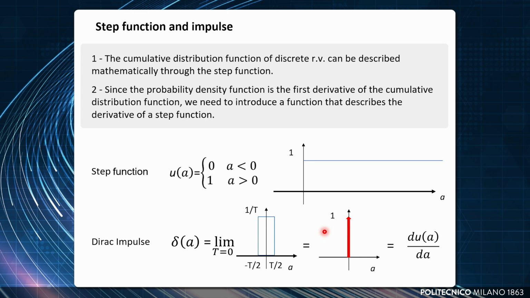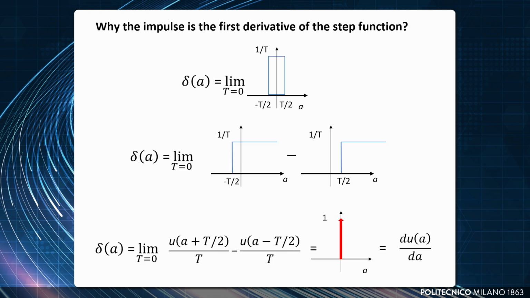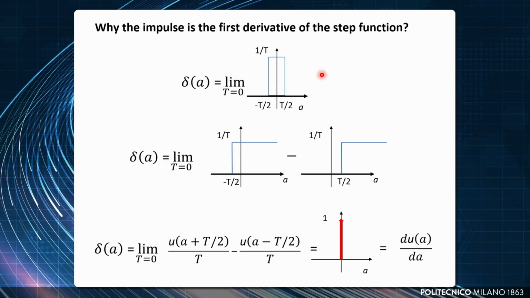Now, it is funny to see that this function here, delta, is just the first derivative of this step function here. And we can show it in a minute. This is the definition of delta. And it is quite clear that this rectangle here can be split into this difference. That is, the step function anticipated by capital T over 2 minus the same step function delayed by T over 2.